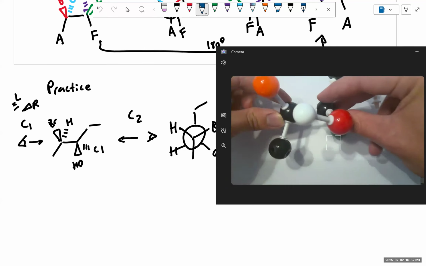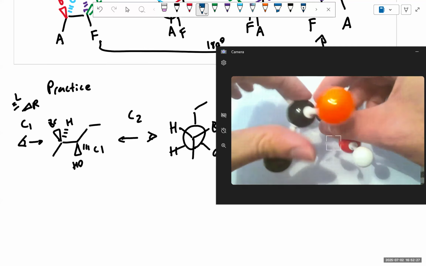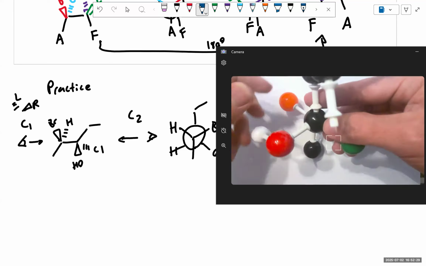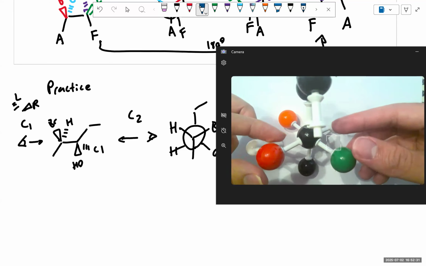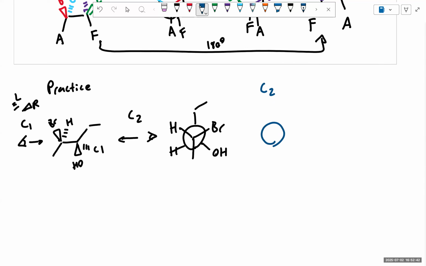So here's our original structure. This time, we can go from the Newman projection and just rotate it 180 degrees, or you can just tilt your model so that you're looking down carbon 2. Now that we have this view where we're looking down carbon 2, we can draw what we see. In this case, the ethyl group is pointing up.